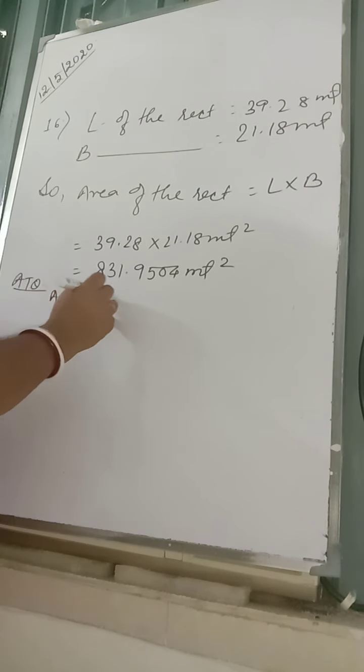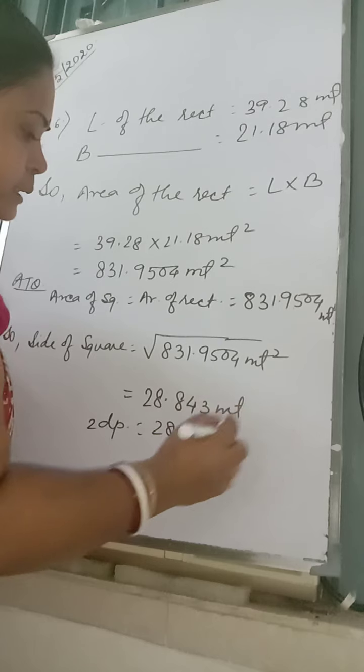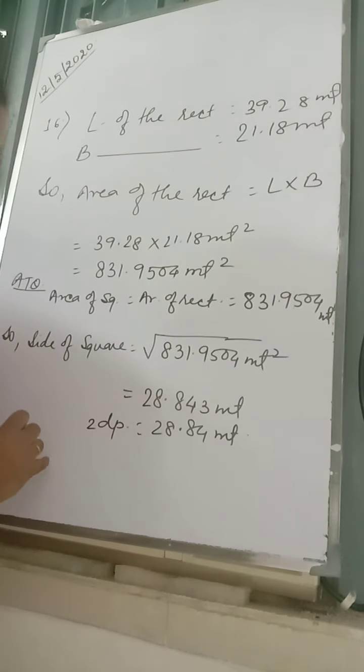So the side of a square would be the square root of 831.9504 meters square. Once you get the square root of this, they have asked you up to 2 places, so we have to find it up to 3 places. When you find the square root, this gives you 28.843. So 2 decimal places would be 28.84 meters, not meters square, meters.